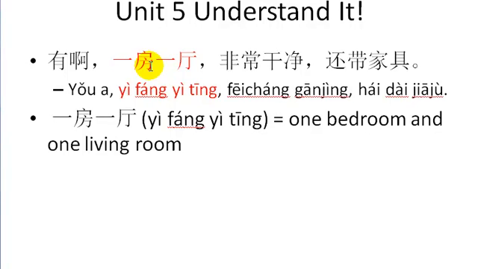They usually say 一房 or 两房 or 三房. Okay, one bedroom, two bedroom, three bedroom. And then 厅 means there's a living room. So this has 一房一厅非常干净还带家具. So let's take a look at the end of this sentence here.